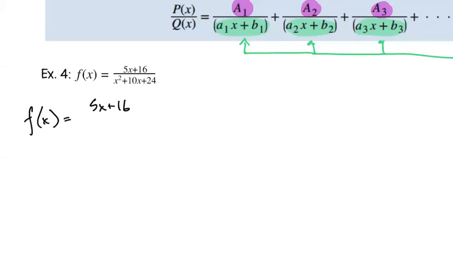We're going to leave the numerator alone for right now. I'd like you to take a moment in the privacy of your own learning environment to factor that denominator, x squared plus 10x plus 24, sorry. When you have that factorization, go ahead and type that into the chat.